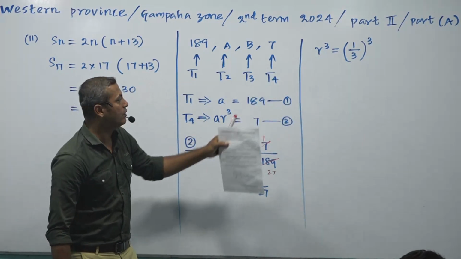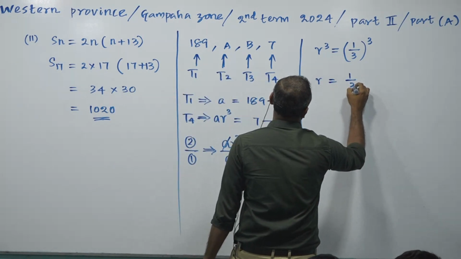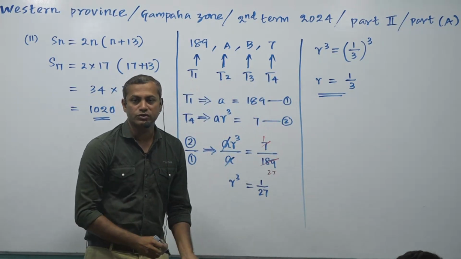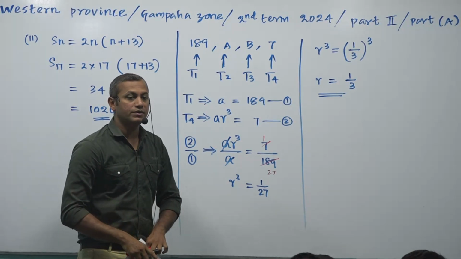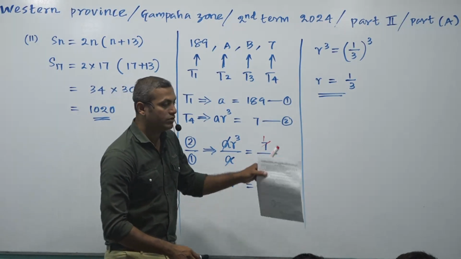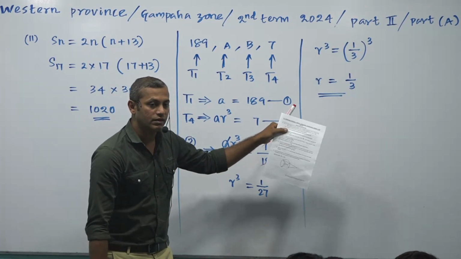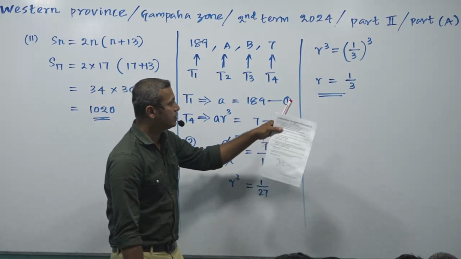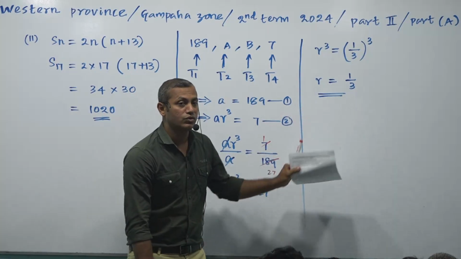Powers are equal, therefore r equals how much? R equals 1 over 3. Can you write this as plus or minus 1 over 3 to the power 3? Can't. Why? Because the power is odd. Since the power is odd, you will have only one answer. If the power is even, then you could have written plus or minus 1 over 3. But here the power is odd, so r will have only one answer. What is that answer? 1 over 3.